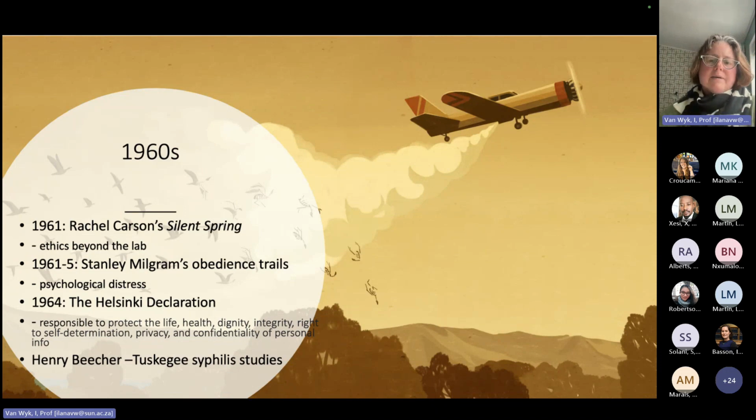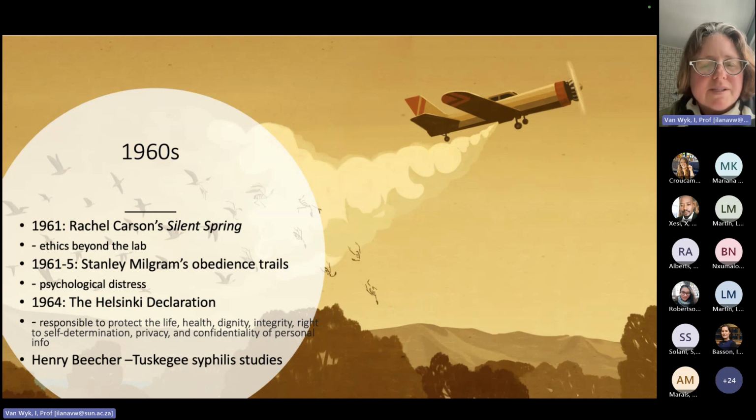And this included the protection of human life, health, dignity, integrity, very importantly, and you can see it with Stanley Milgram's trial, how that was threatened. The right to self-determination, i.e. the right to say no to research, and importantly, the right to privacy.